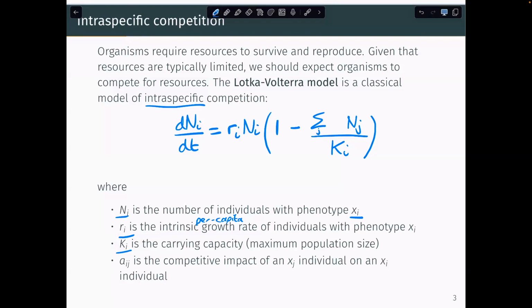I haven't actually stated how many there are here; however many there happen to be in the population. And then within this sum, we're going to multiply this Nj by a factor A sub ij. And this A sub ij is the competitive impact of an individual with phenotype Xj on an individual with phenotype Xi.